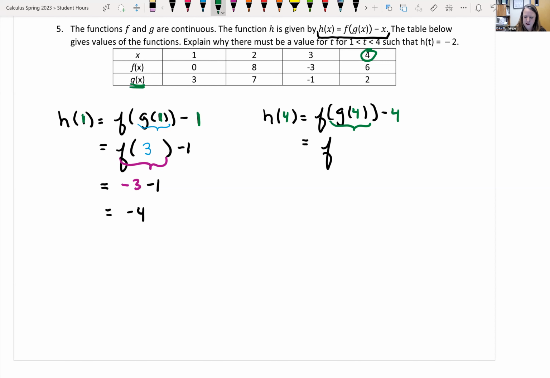Looking at my row for g of x, g of 4 is 2. So I'm going to look at f of 2 minus 4. So now let's go to when x is 2. And I'm looking at f of 2. So f of 2 gives me back 8. So this here is 8 minus 4. So 8 minus 4 is 4.